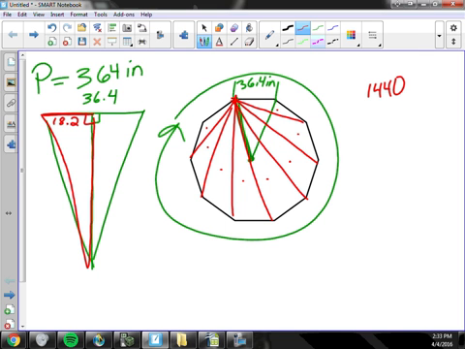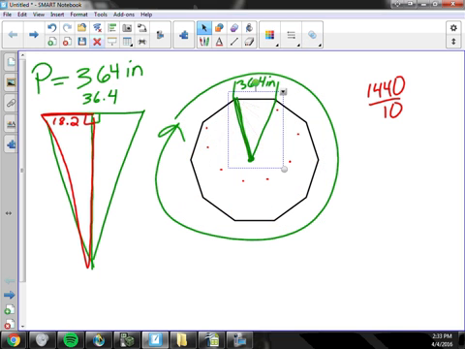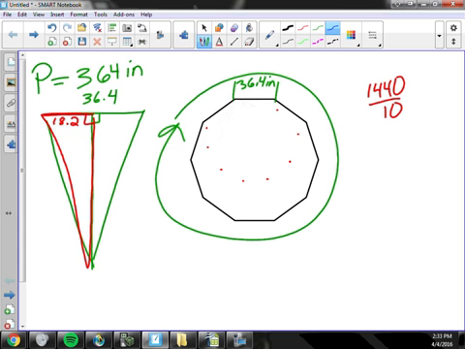And that means all of the angles add up to 1440. But how many equal angles are there? It's a decagon, so it's 10. So if I get rid of all of this stuff, each one of these angles is 144 degrees.